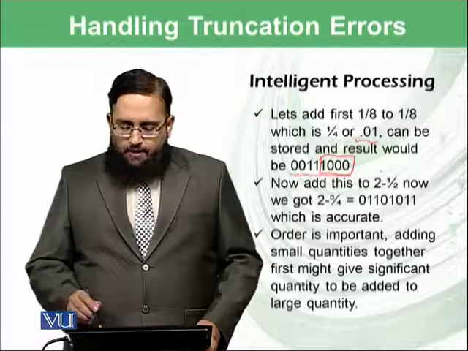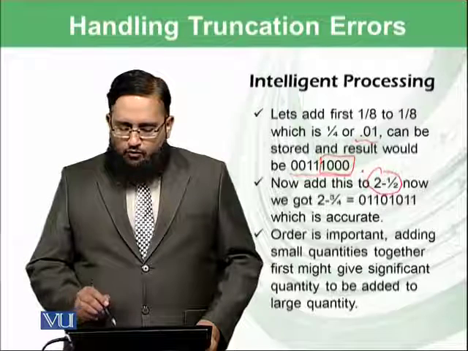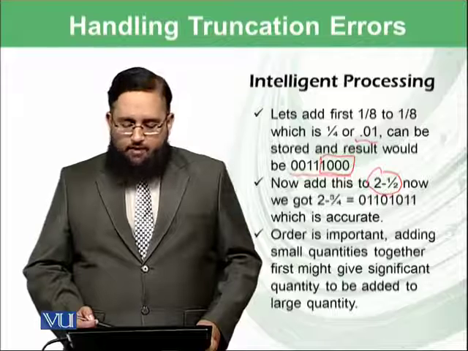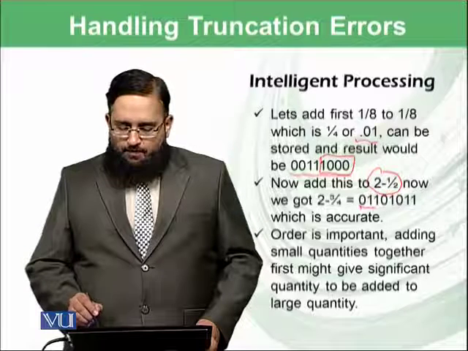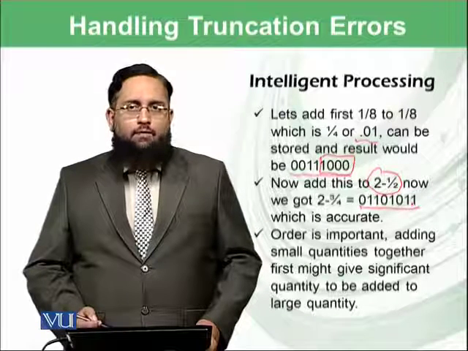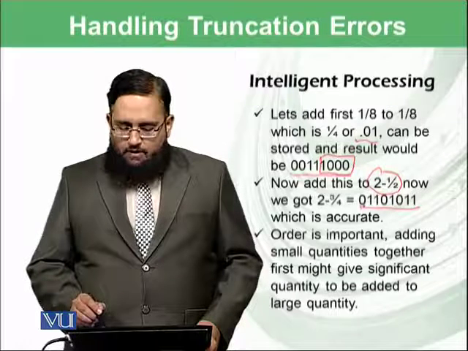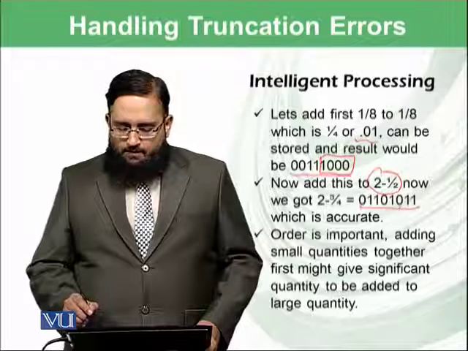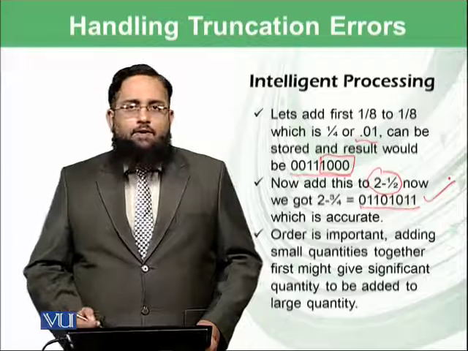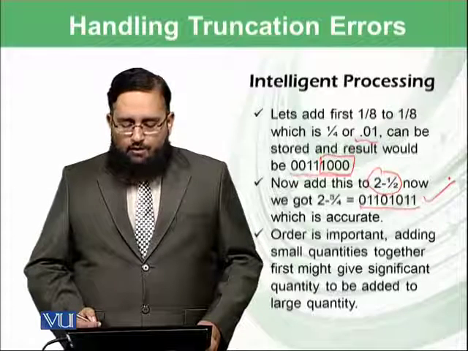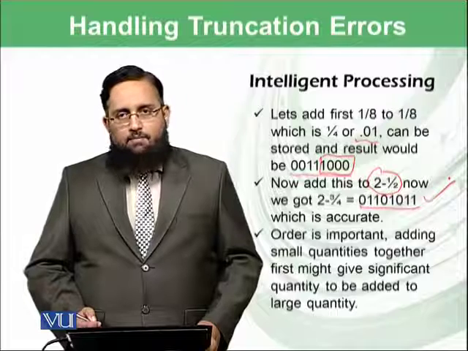Now if we add 2 whole 1 by 2 to this number, what we have achieved as 1 by 4, now we are able to store it in the form of 2 whole and 3 by 4. So this number is 0, 1, 1, 0, 1, 0, 1, 1. This is the right number that has accurately added 1 by 2 plus 1 by 8 plus 1 by 8.